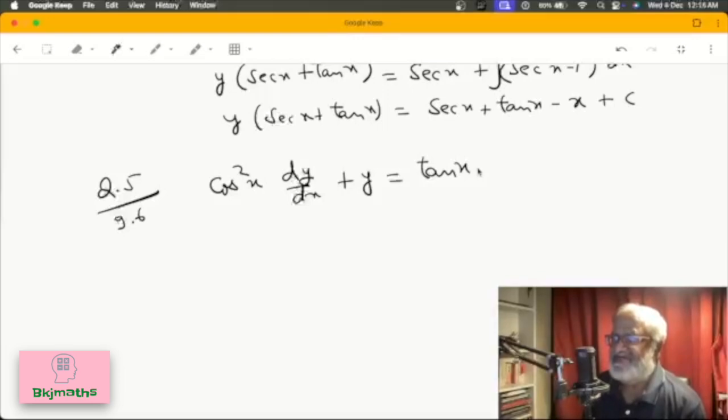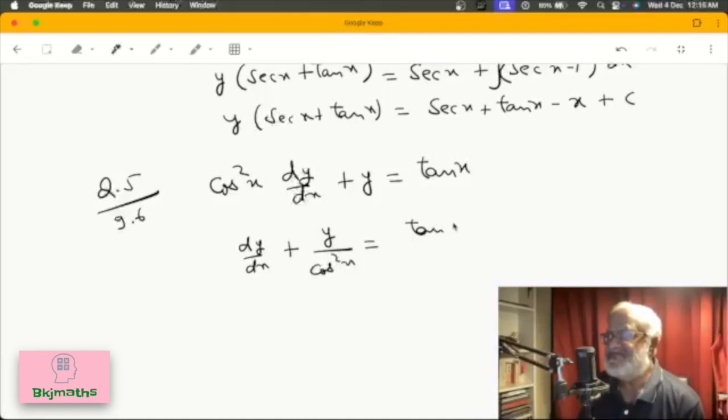So our algorithm: first write down the equation in the standard form, dy by dx plus py equals to q, and find the value of p and q. So divide by cos square x both the sides, our first step. So dy by dx plus y upon cos square x equals to tan x upon cos square x.